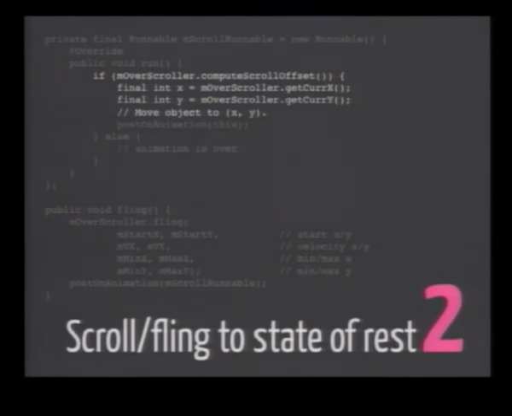And if it returns false, that means that the object has reached a state of rest. So in the highlighted code block, it returns true, so we have to get the current x and y and move the object according to this position. And obviously, we want to continue moving the object, so we have to repost ourselves on animation. And if it returns false, as I said, the animation is over, so you're finished.